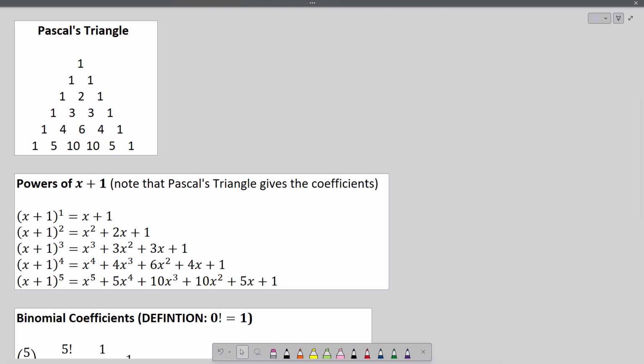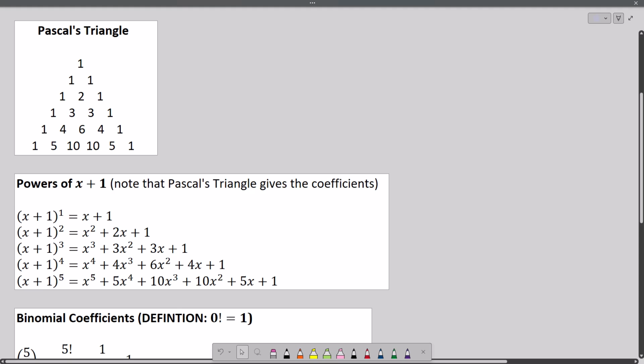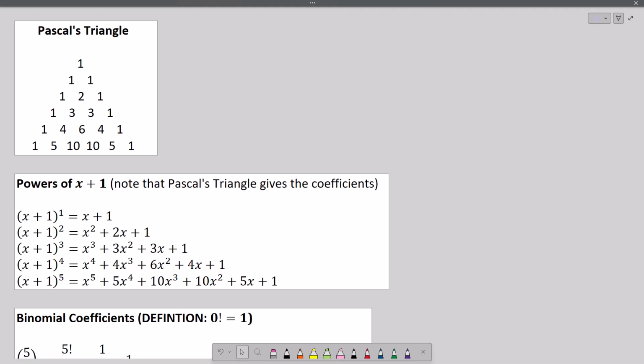The most basic binomial is x plus 1. So this row here, coefficients 1 and 1. Next row, when the power is 2, coefficients 1, 2, 1, and then the powers of x, of course, are going from 2 down to 0. Cubed, the powers are going from 3 down to 0, and the coefficients are 1, 3, 3, 1, etc.